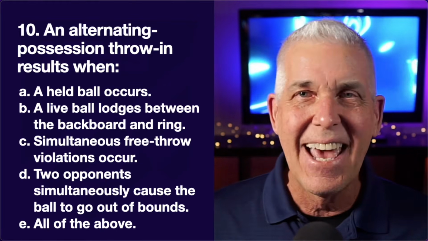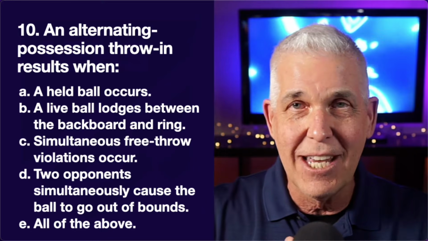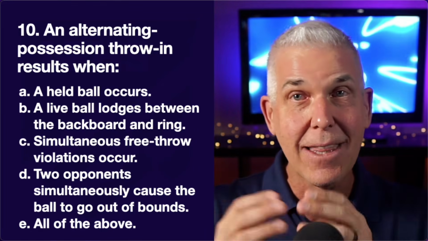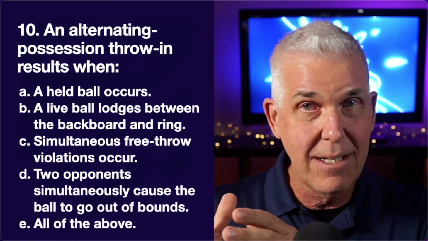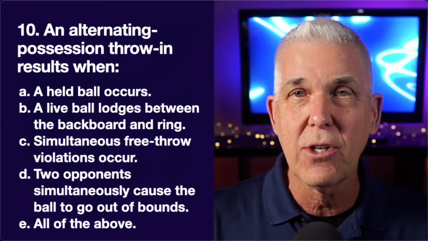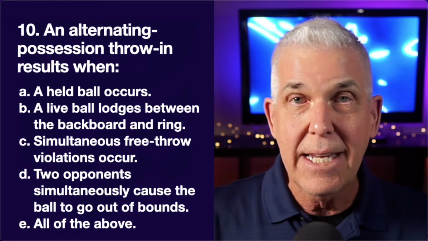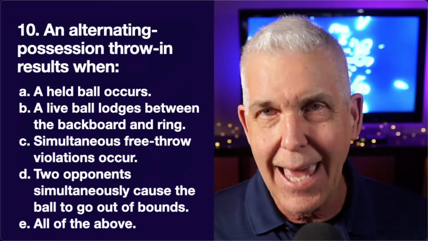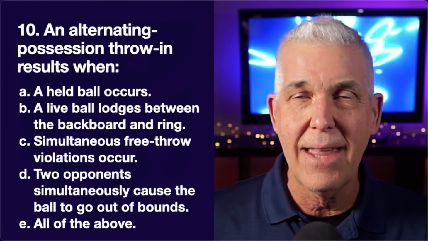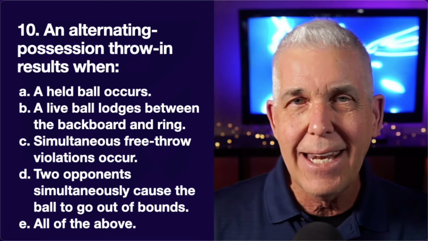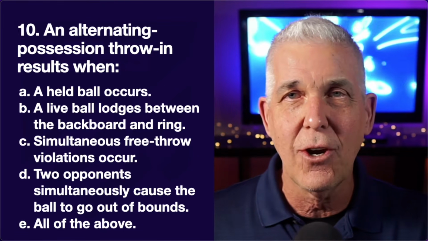Okay, all right, we're going to have the spirit and intent of the question here, I think. If a held ball occurs and the possession arrow had been set, referring to our previous question, then we would have an alternating possession throw-in. If a live ball lodges between the backboard and the ring, yes, that is an alternating possession throw-in result. Simultaneous free throw violations occur.